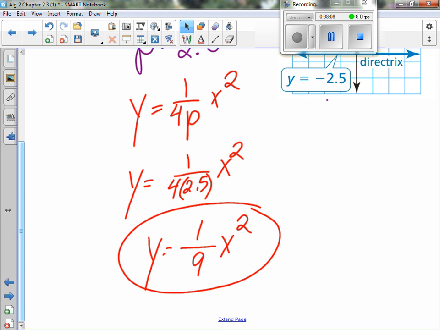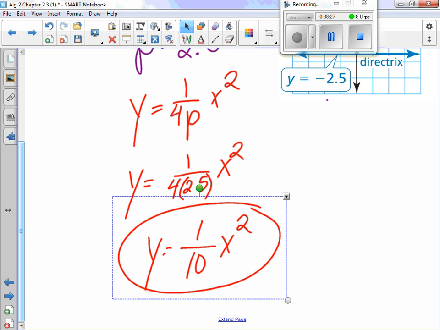Actually, I got 10. Yes, it's 10, because 4 times 2 would be 8, and half of 4 is 2. 8 and 2 is 10. So it works out it's 10. Y equals 1/10 x squared. That's it. Any questions on this here?